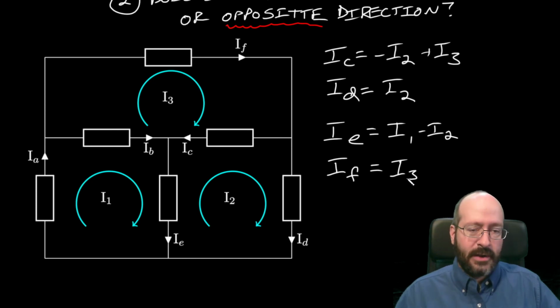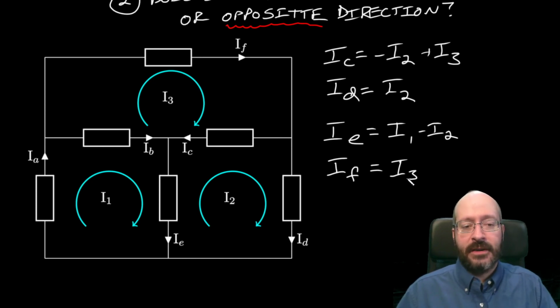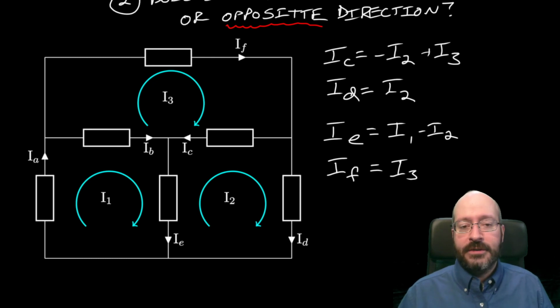If I can find any current or any voltage, then I can figure out anything I want about the circuit, and I don't have to work it twice. I can find the mesh currents, and then learn whatever I need to, which is pretty stinking handy if you ask me. So coming up, finding any voltage using mesh currents, and after that, how do we find the mesh currents? So stay tuned and good luck.